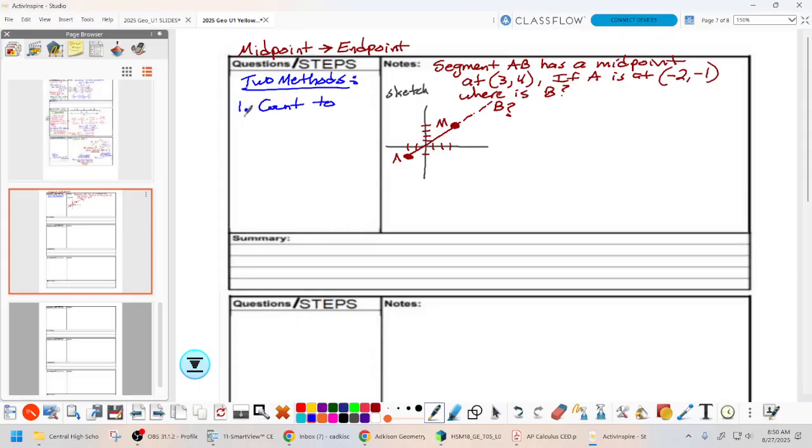So count to midpoint, then the same distance to the other end. If it's not decimals, this is the way I do it. If there's decimals involved, you have to use the formula.